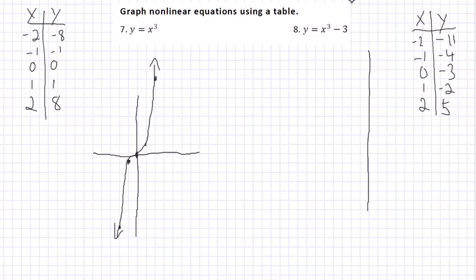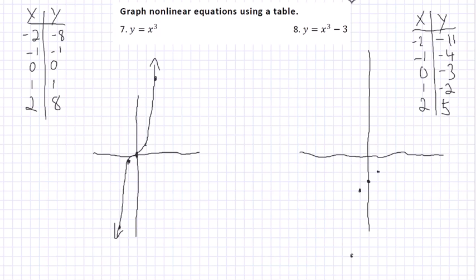And now we can look at what that looks like. Line got a little crooked there. 0 is at -3. -1's at -4. -2 is at -11. 1 is at -2.